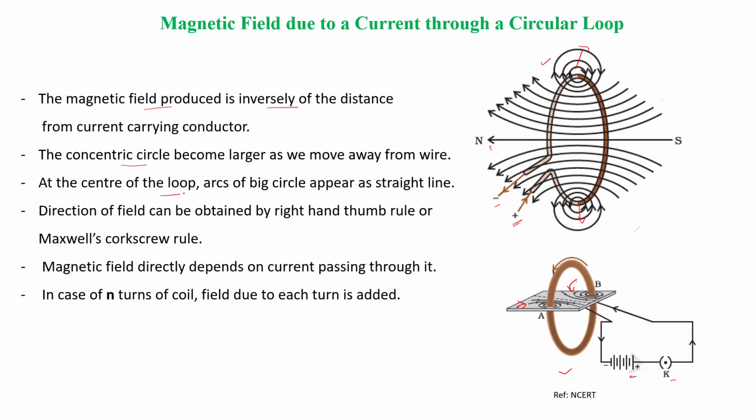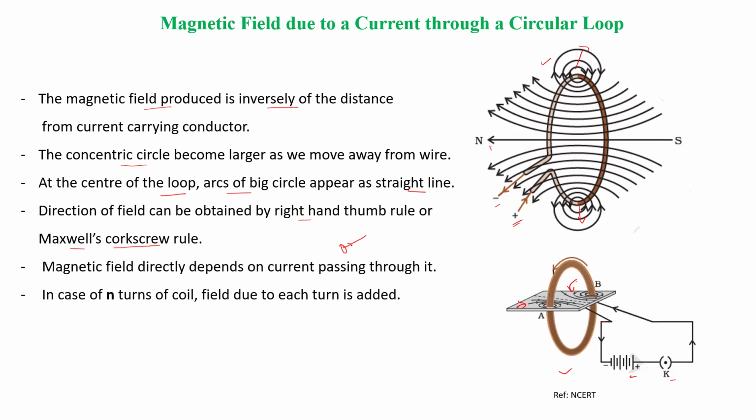At the center of the loop, the arc of the big circle appears as a straight line, and the direction of the field can be obtained by again the right hand thumb rule, or another is called Maxwell's corkscrew rule. Suppose, for example, in the direction of the flow of current, you already have some idea about the screw.